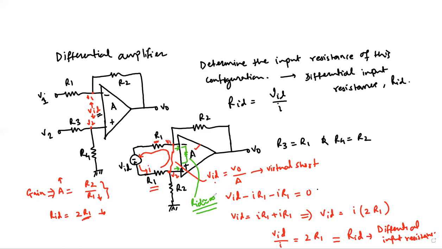For a practical case, it has a definite value. If that value goes down, some amount of current will try to enter the input terminals of the amplifier, and then our analysis doesn't hold true under the ideal assumptions. So that's the explanation for this circuit.